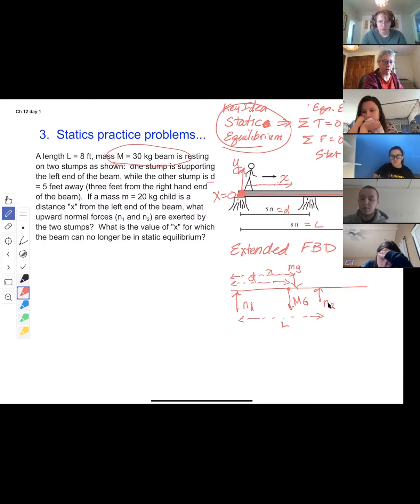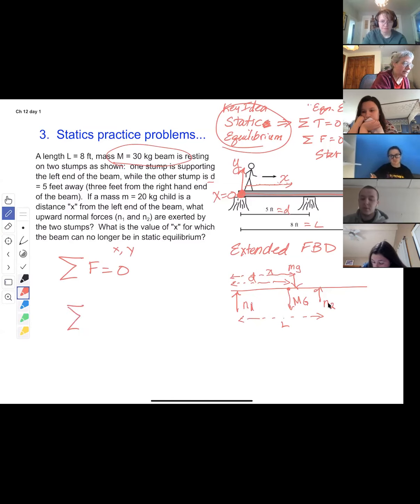But from the point of view of Newton's laws, the sum of the forces equals 0, in both the x and the y direction. I've got all the force information and the force directions.